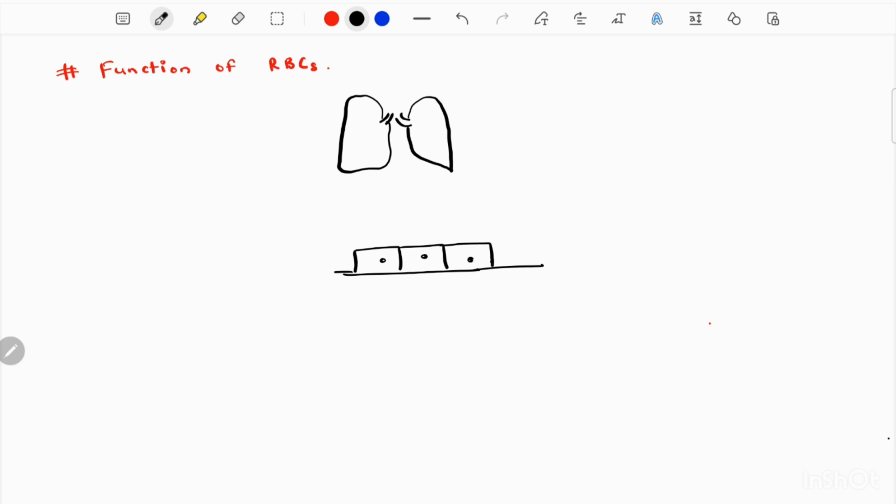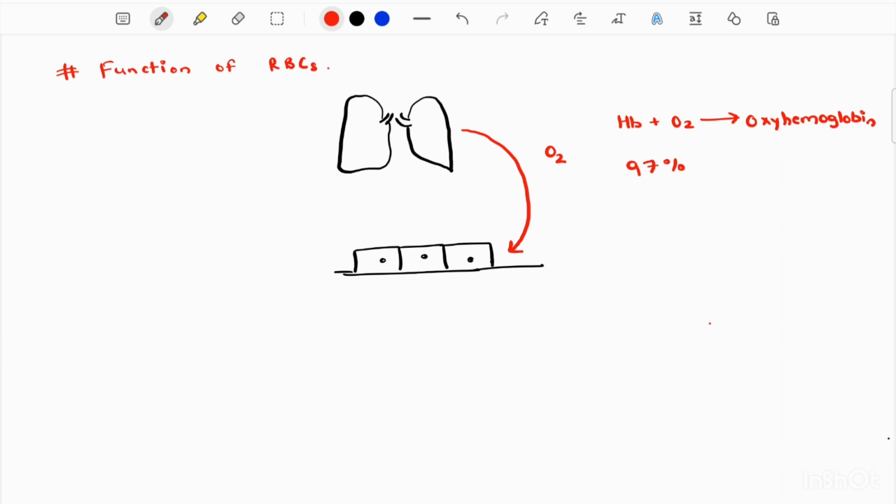So the first function is transport of oxygen from the lung to the tissue. Hemoglobin in the red blood cell combines with the oxygen and forms oxyhemoglobin, and around 97% of oxygen is transported in the blood in the form of oxyhemoglobin.